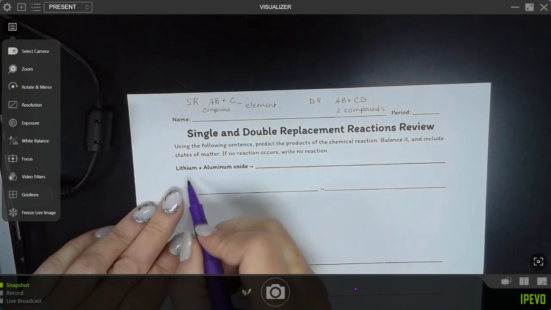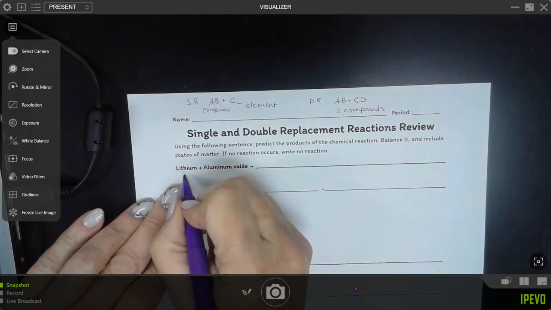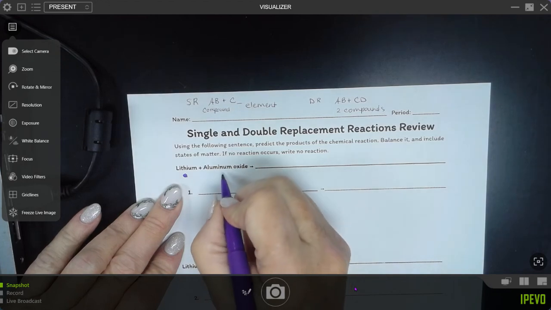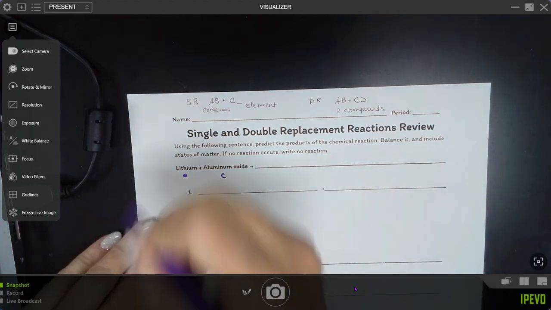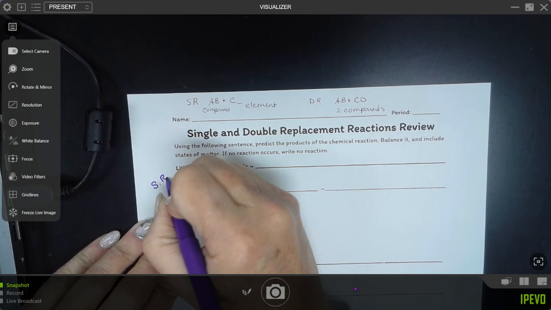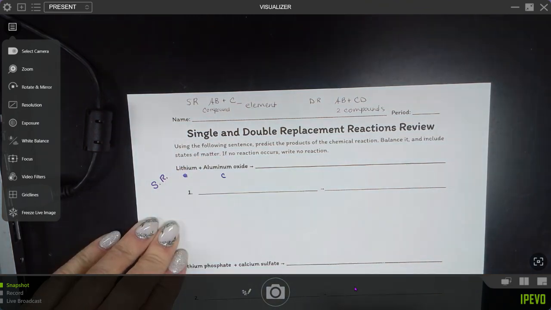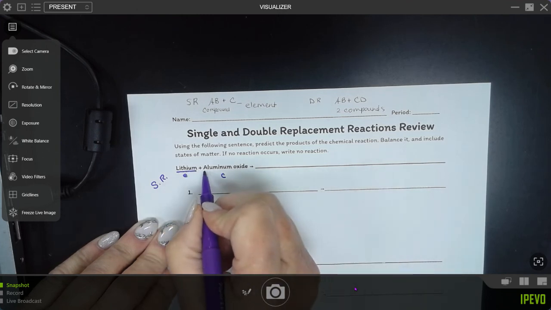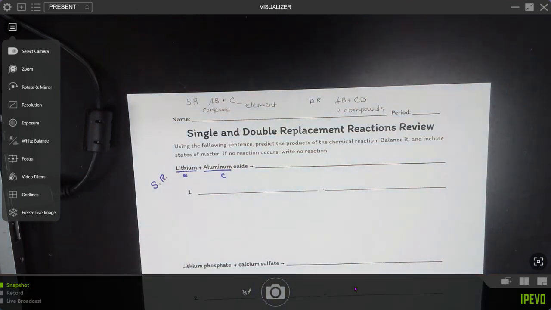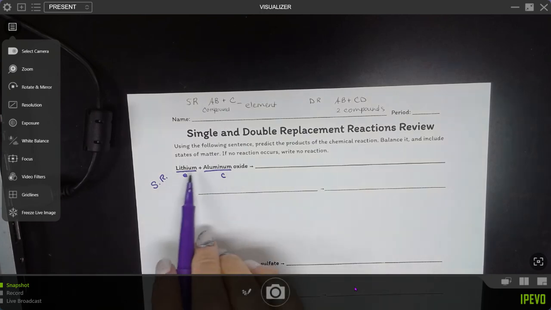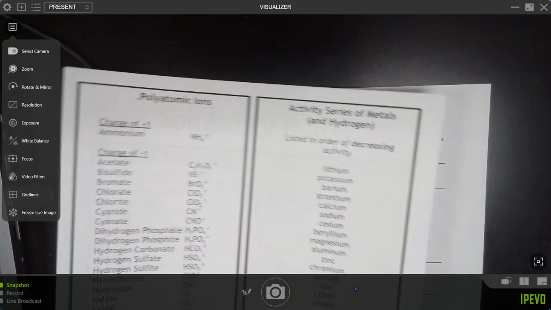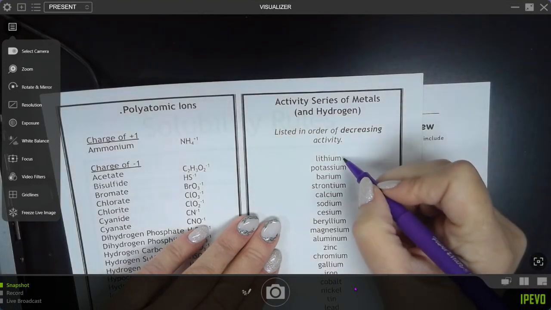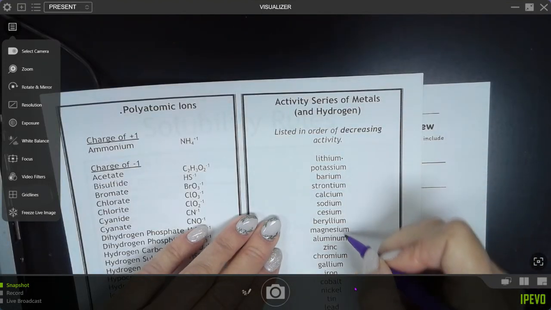If we look at number 1, we have lithium, which is an element, and aluminum oxide, which is a compound. That tells us this is a single replacement reaction. In a single replacement reaction, you compare the element with the similar element. If it's a metal, you compare it with a metal. If it's a non-metal, you compare it with a non-metal. You compare them in the activity series. In this case, we're looking at lithium and aluminum.